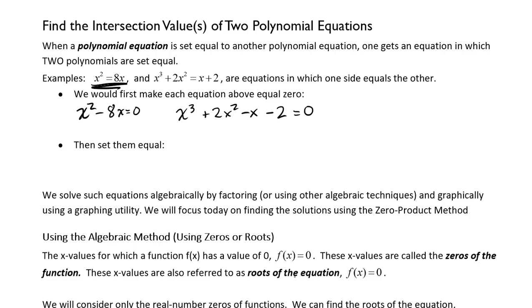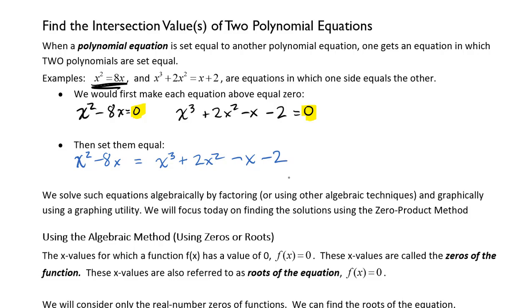Then, since they both are equal to 0, we can set them equal to each other. So then we would have x squared minus 8x is equal to x to the third plus 2x squared minus x minus 2.